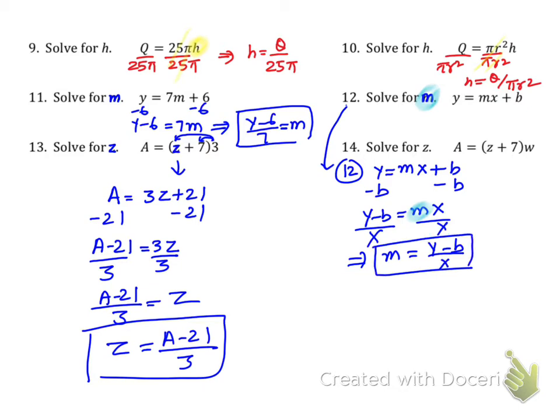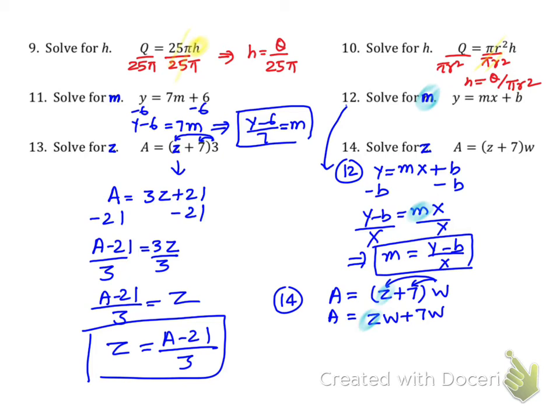Alright, if I have to do the very last one, 14th, that says a equal to z plus 7w. You distribute it, that you get a is zw plus 7w. But keep in mind what they want us to solve for. They want us to solve for z. It means my target should be to isolate this thing always. So I will first get rid of 7w.